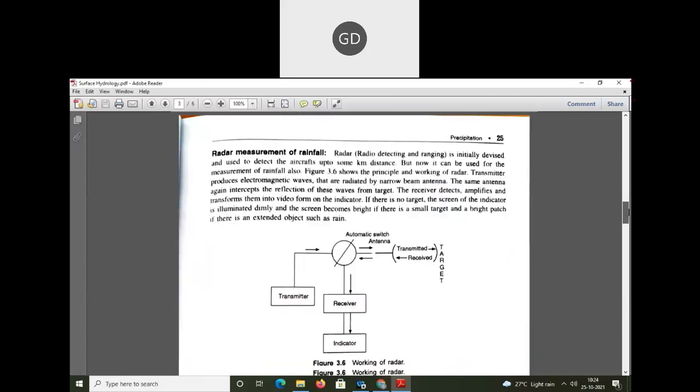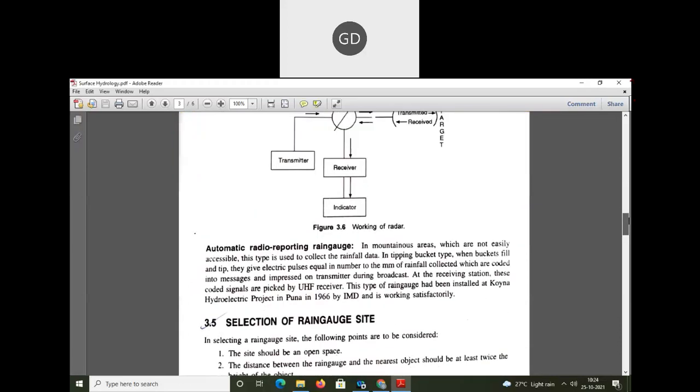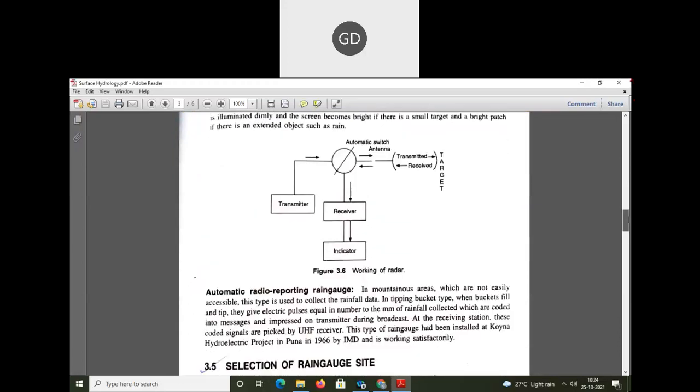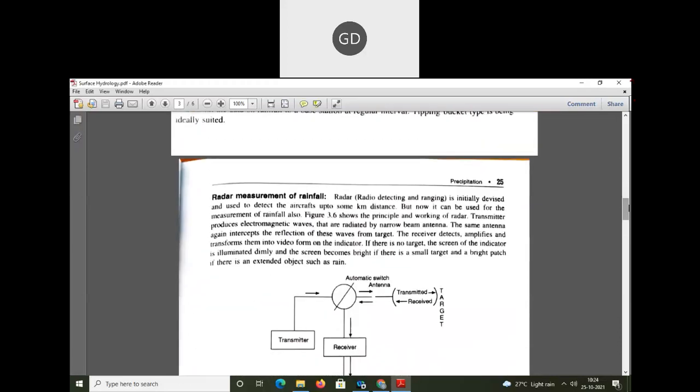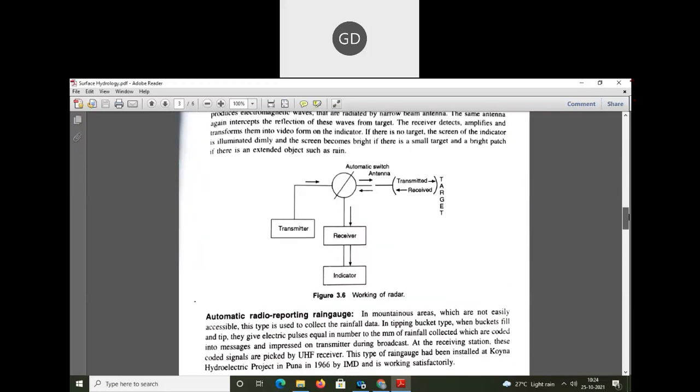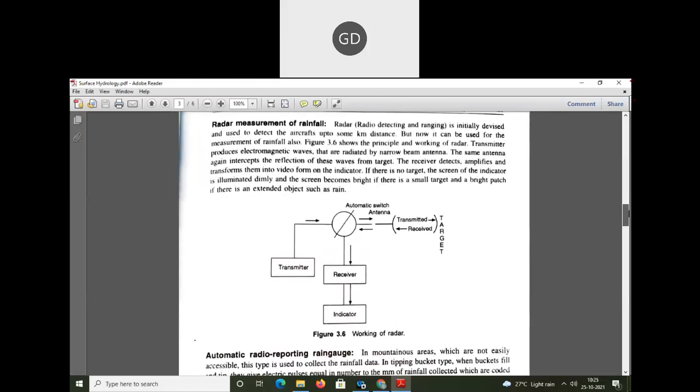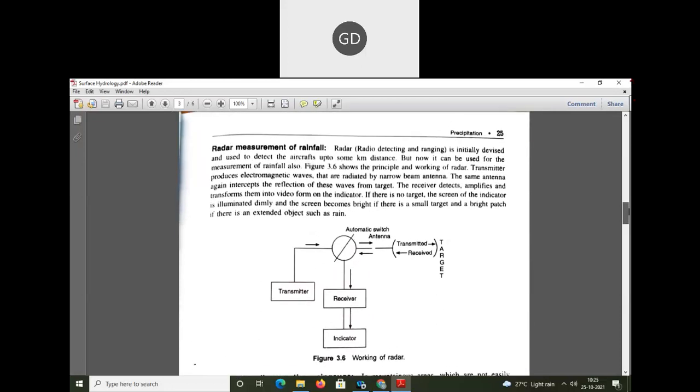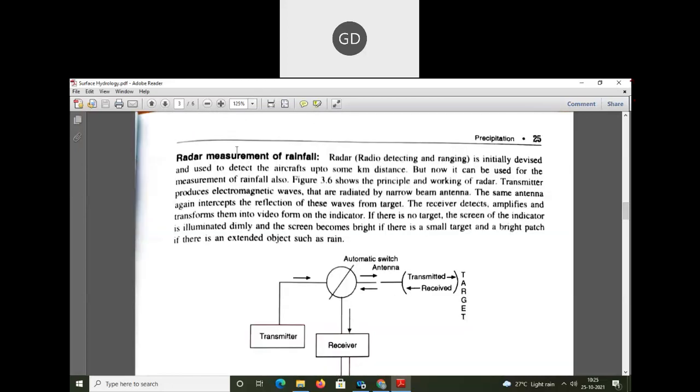Today you write down the two remaining types of rain gauges: the radar measurement of rainfall, and the automatic radio reporting rain gauge. Today we will finish the types of rain gauges part, and we will not repeat it again in the class.